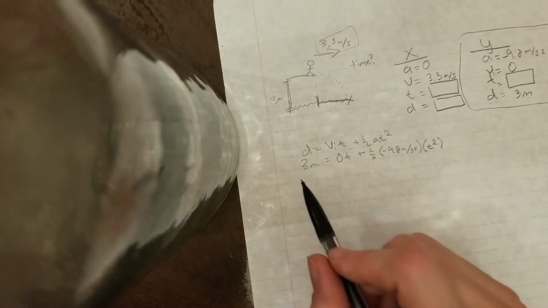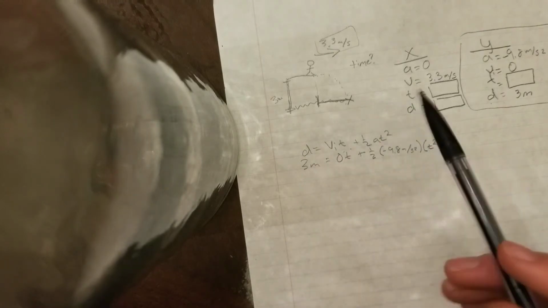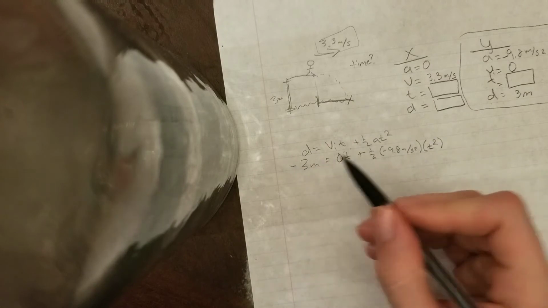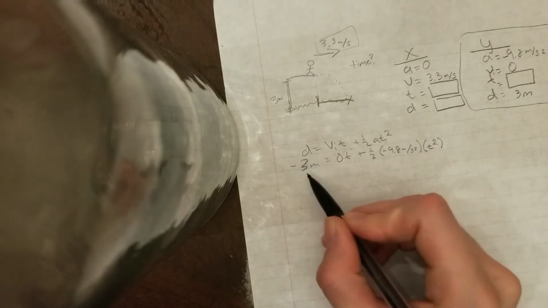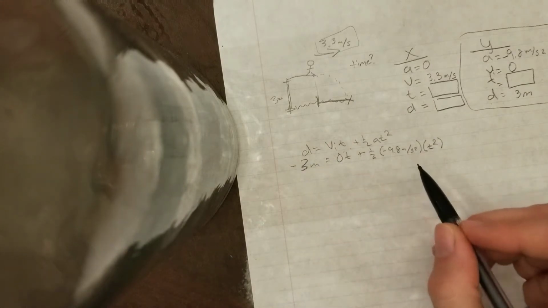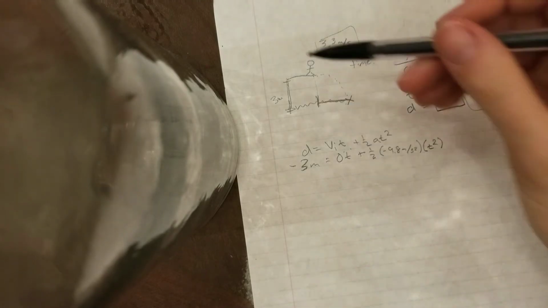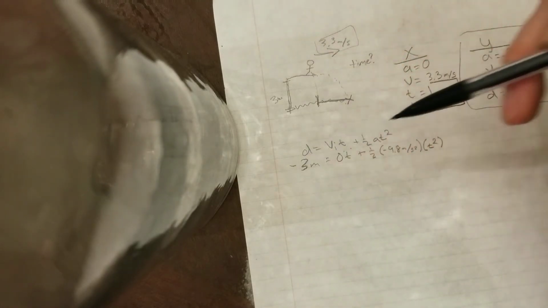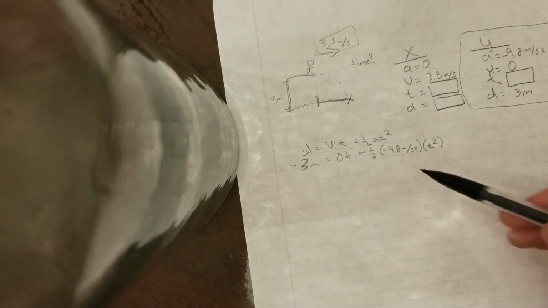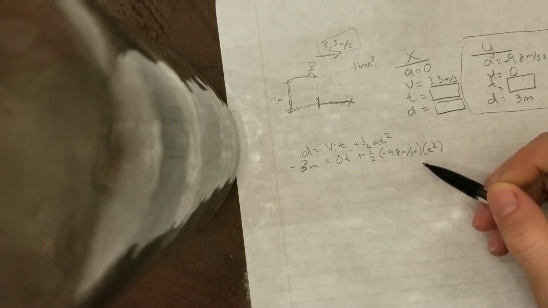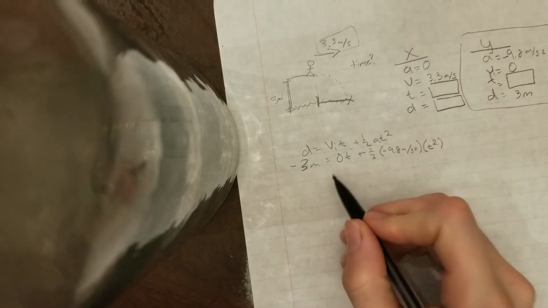Let's also say that the distance that he's going to be traveling is going to be down, so we're going to make that a -3. You can do this, again, this will turn your numbers positive, or you can just leave 9.8 as positive and your distance is positive and it'll be okay. But he is traveling downwards, so that is a negative distance that he will be traveling. And gravity always accelerates you downward towards the earth, so that is a negative 9.8. Either way is fine. All right, so let's simplify.